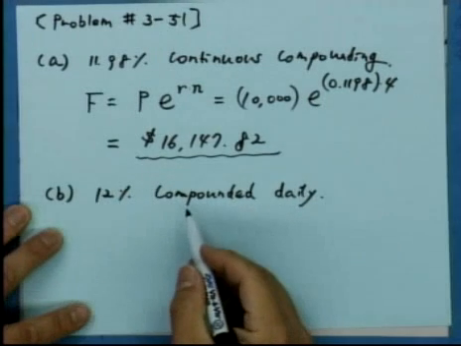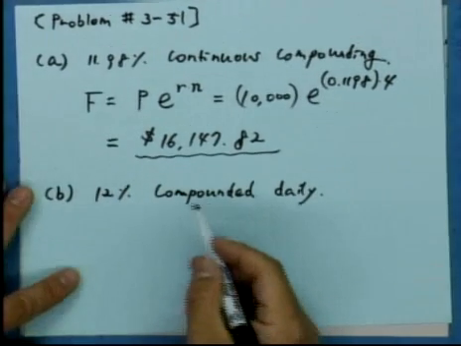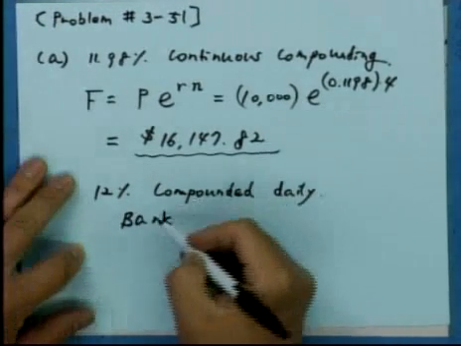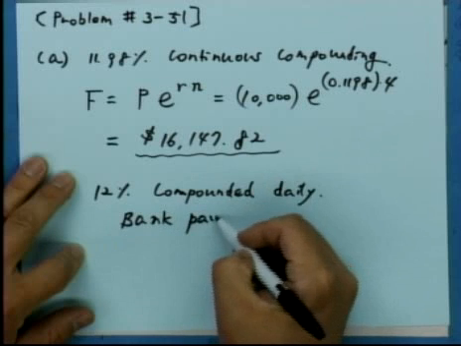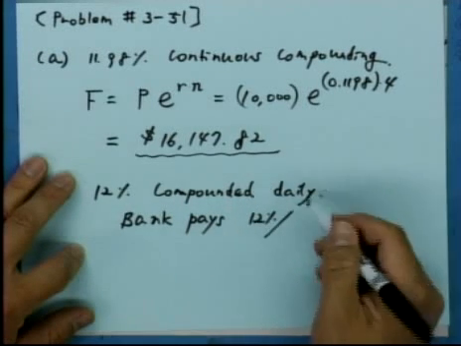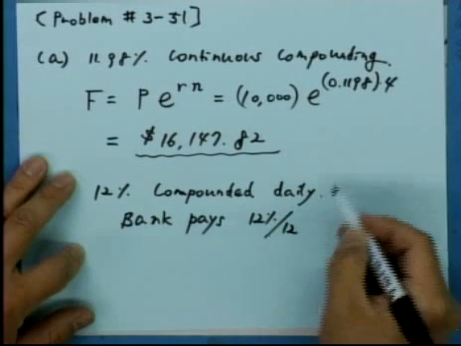So this means that the bank pays 12% divided by 12, right?